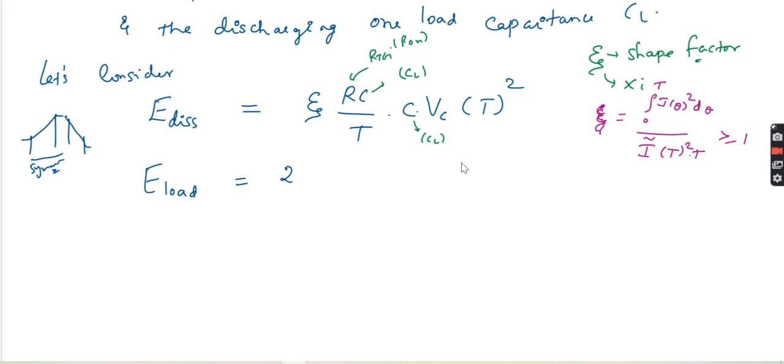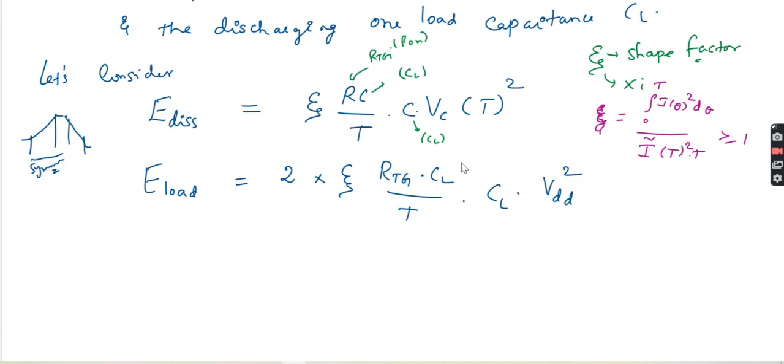So let me write 2 times psi RTG, or R on, into CL, CL by T into CL into VCC, that is the output capacitance voltage. That is nothing but your VDD only, because during the charge time it will be VDD. It is VDD square.